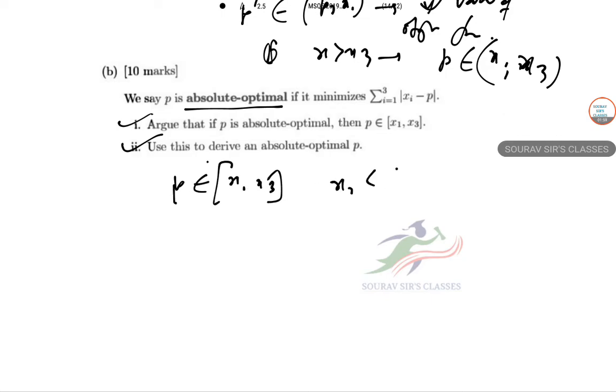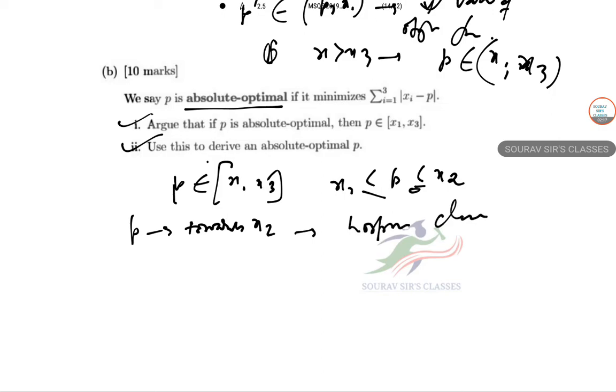Now in the second part, suppose x1 < p < x2. Then we can move p towards x2, which will bring the hospital closer to two agents and further from only one.